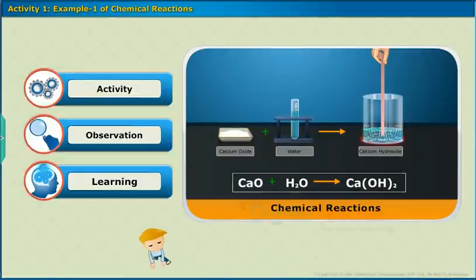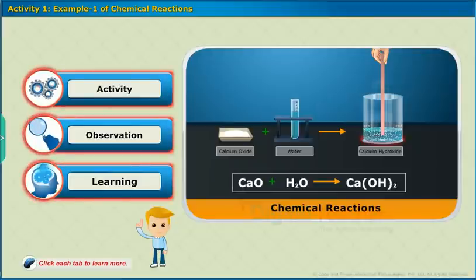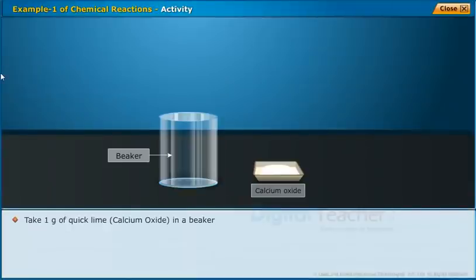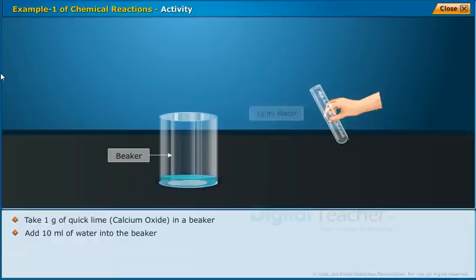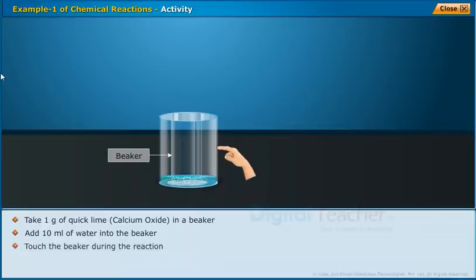Example 1 of chemical reaction. Click each tab to learn more. Take 1 gram of quicklime, calcium oxide, in a beaker. Add 10 ml of water into the beaker. Touch the beaker during the reaction.